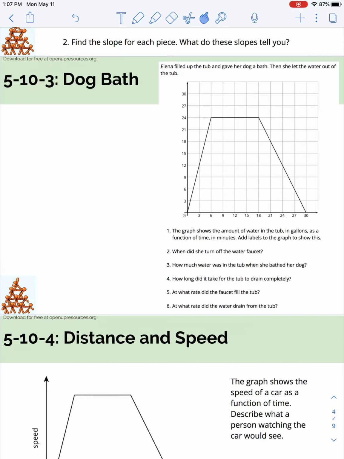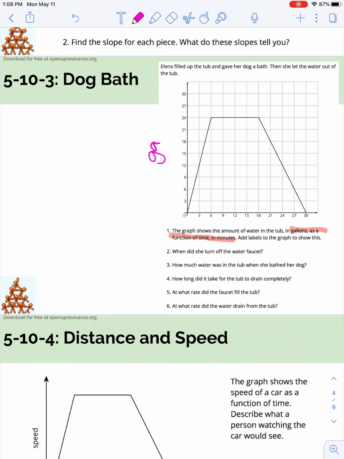So they give you hints in this, but it's tricky because you have to remember all the little things like what they correlate to. So if we're talking about gallons as a function of time in minutes, how that translates to horizontal versus vertical axis: gallons as a function, so that means gallons, or like volume, that would go on the y.